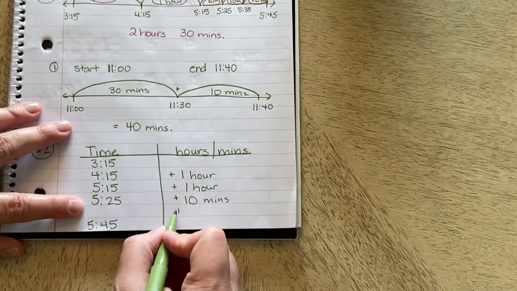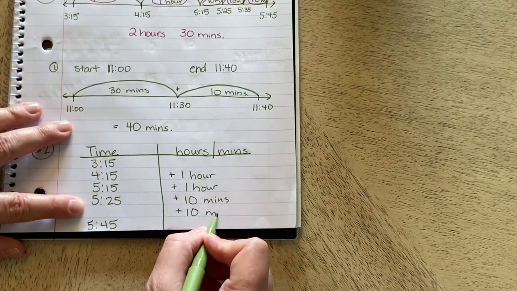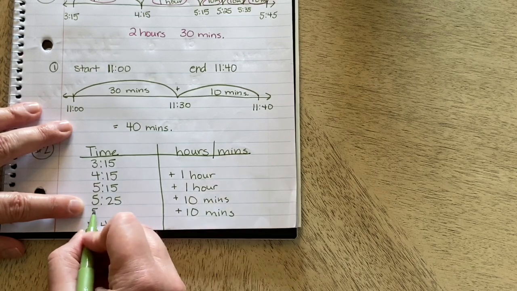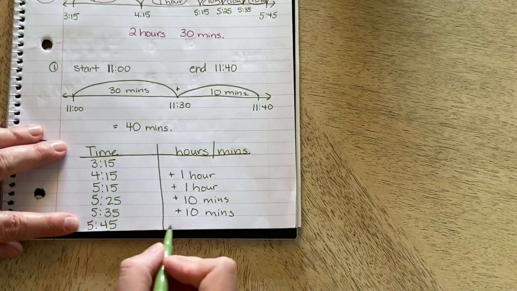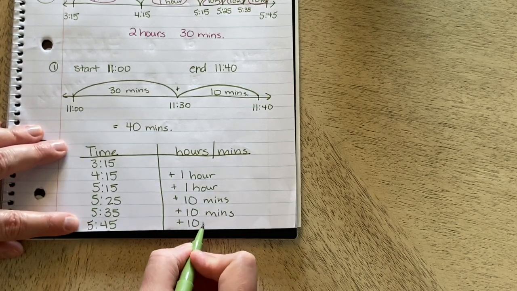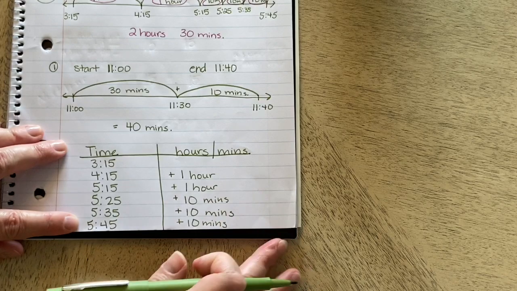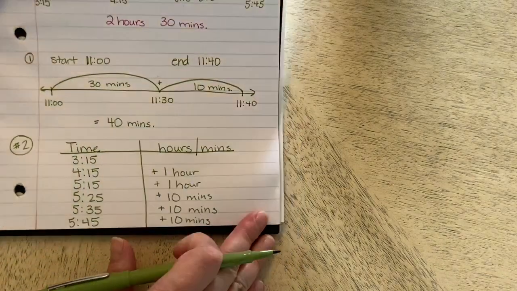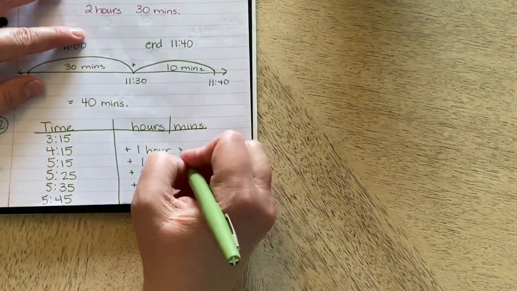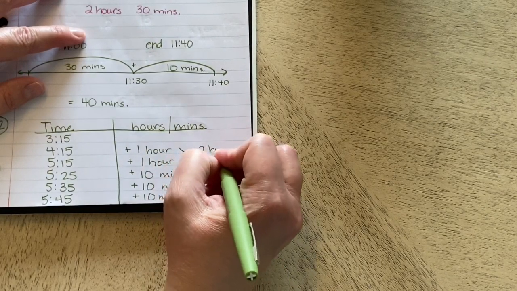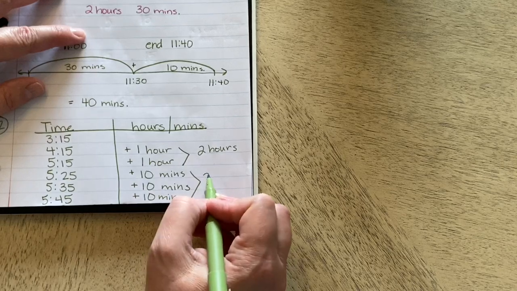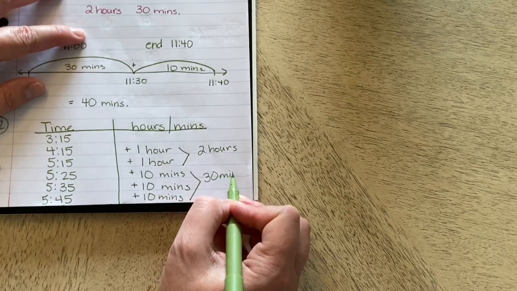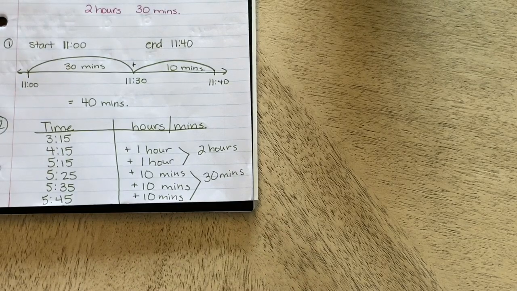And if I add another 10 minutes, it's going to take me to 5:35. And then to get to 5:45, I need that last 10 minutes. And now we're going to add these together. So we have 2 hours, 10, 20, 30 minutes for your elapsed time.